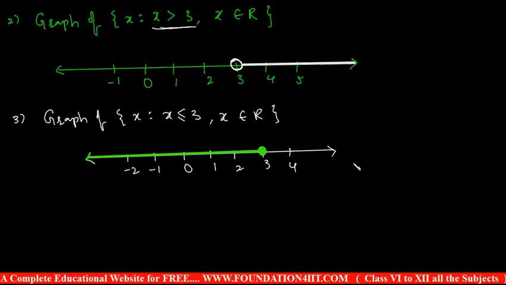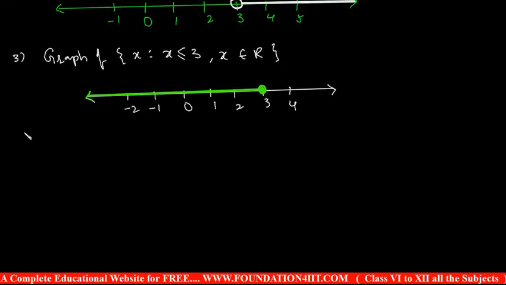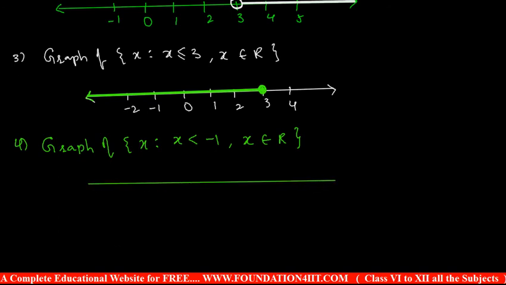And same as the second example, let us see the fourth one. When they give a graph of x such that x is less than minus 1 and x belongs to the real numbers. X is less than minus 1, so minus 1 is not included. So take 0, 1 positive numbers, minus 1, minus 2, minus 3 and so on.